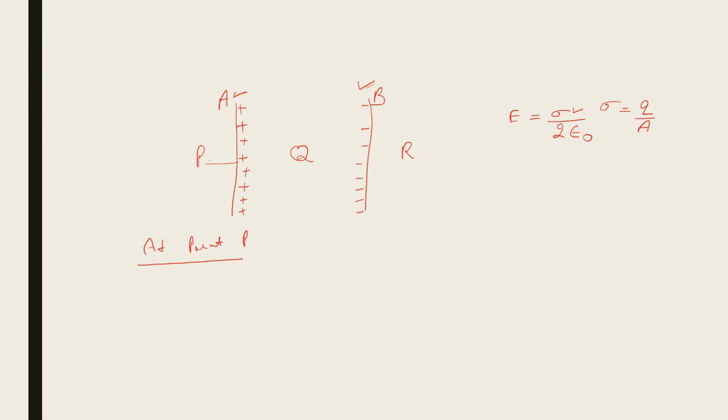So due to this sheet, the direction will be outward, and suppose this is E1.